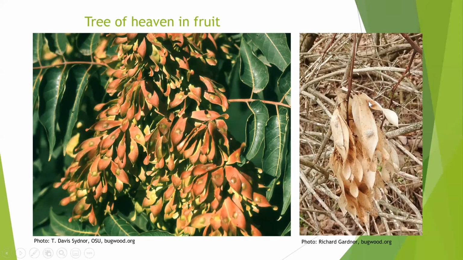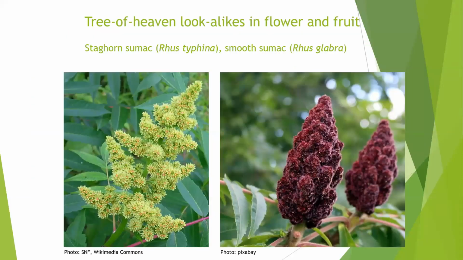Eventually, they dry into these very papery, what are called achenes, that are a light brown color and are meant to be wind dispersed. So they will catch on the wind, but you'll see them retained on the tree sometimes far into the winter, except that in very urban areas where there's a lot of wind along roadsides, they lose the seeds pretty quickly.